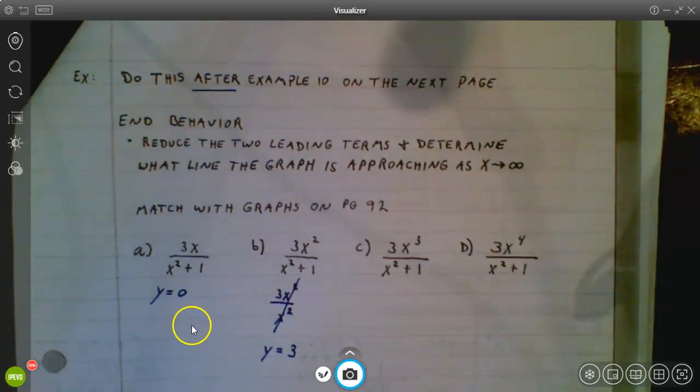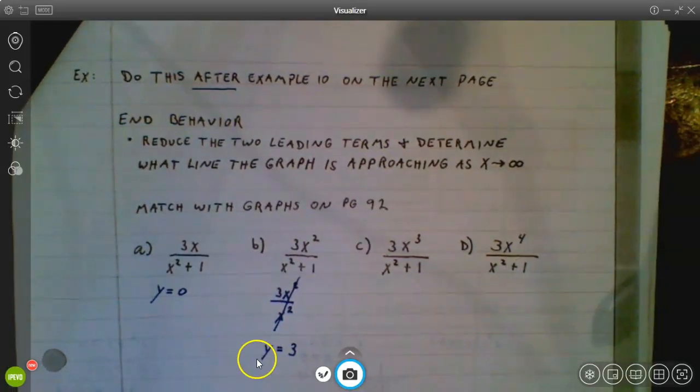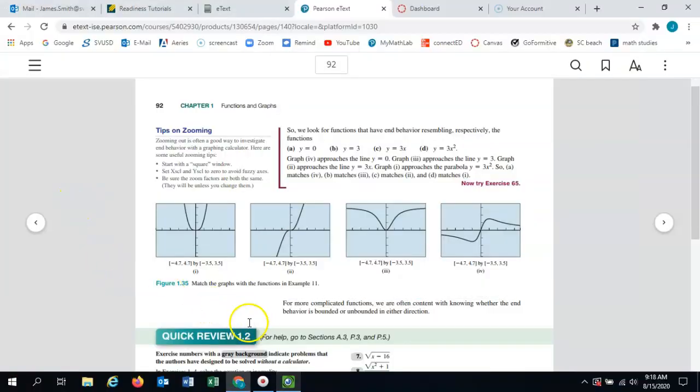So which one of the graphs on the next page is approaching y equals 3 as x approaches positive infinity? If I go back to these functions, as I move to the right, what is our graph approaching? You can see right here that this one has a horizontal asymptote at y equals 3.